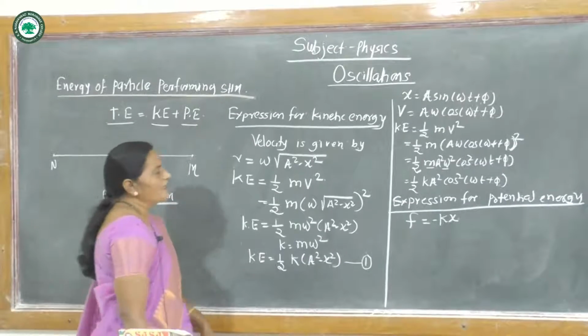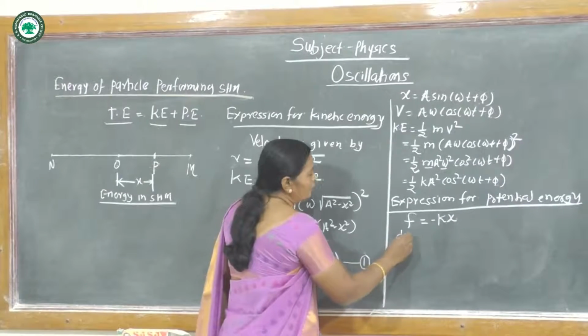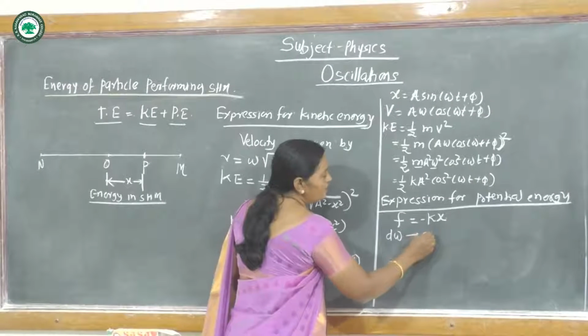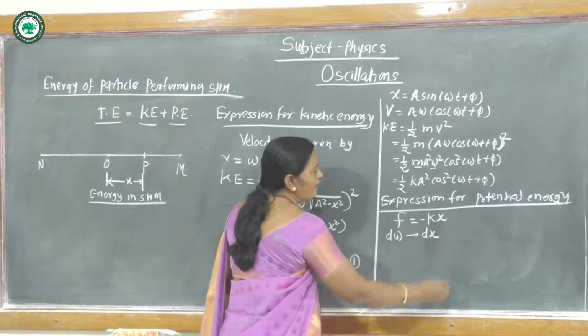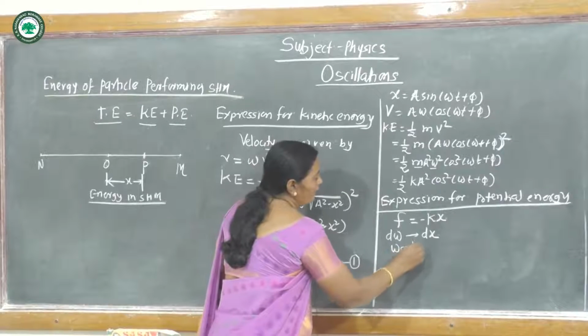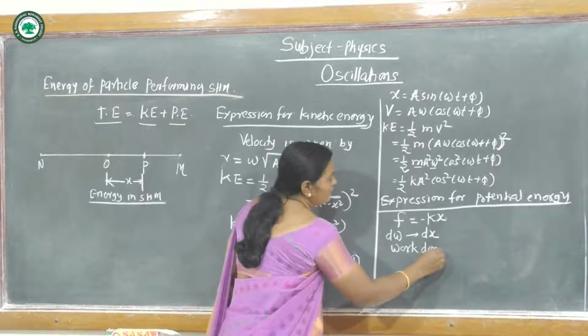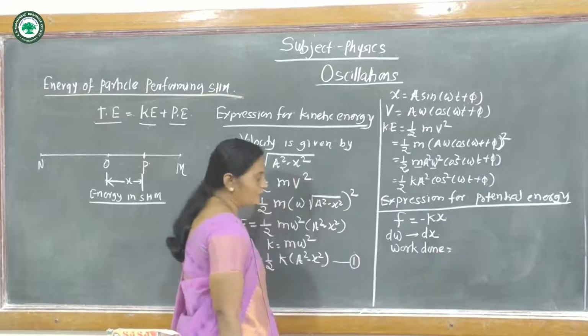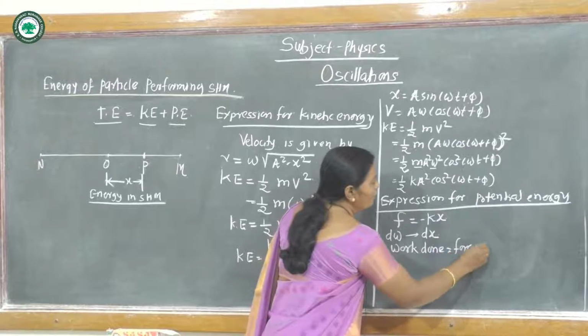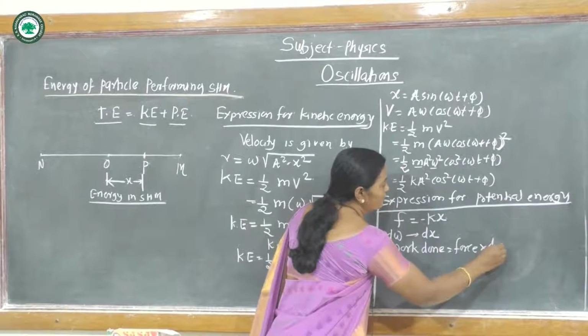Now suppose dW is the work done if the particle moves through a small distance dx. Work done is equal to force multiplied by displacement.